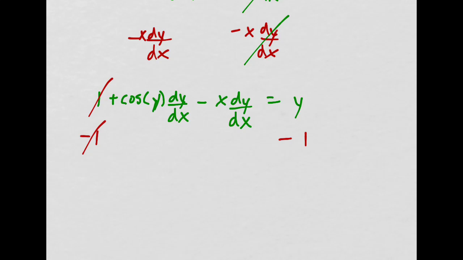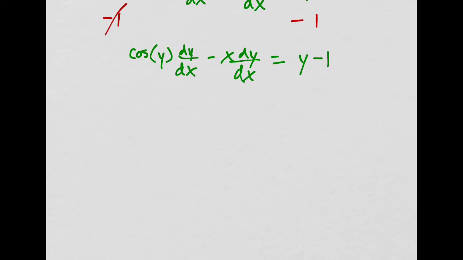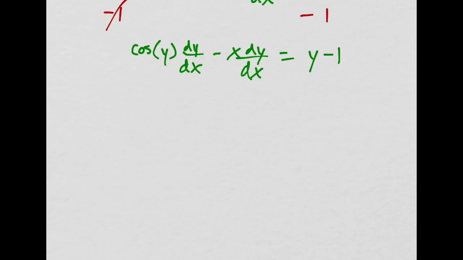So that goes away. Now, it might not be obvious to some people, but this is just like an algebraic term, so I can factor it out normally. So I'd have dy/dx times cosine of y minus x equals y minus 1.